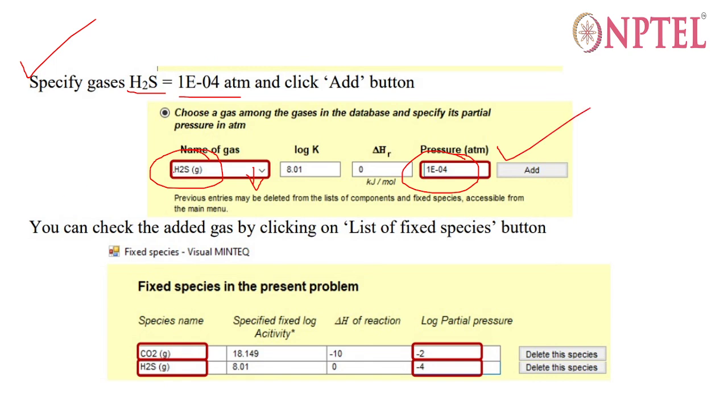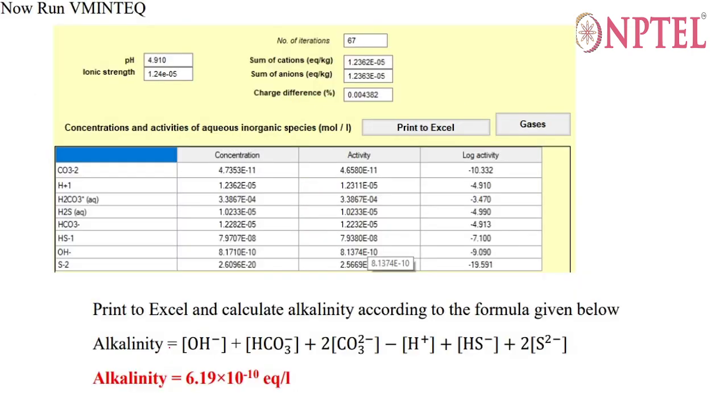And then you can also check if it is correct or not. You can check this is the correct one, that the log partial pressure is minus 2 and minus 4, 10 to the power minus 2 and 10 to the power minus 4 for CO2 and H2S respectively. Then just run the simulation. If you run it, you will find the concentrations, right? Just like the previous one, write down your alkalinity here, right?